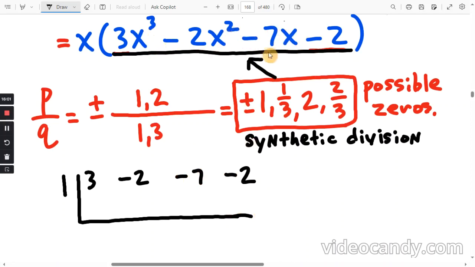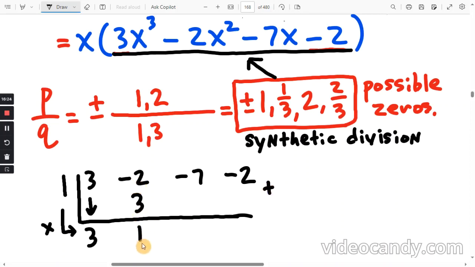If it skips 1, then you have to have a 0 in here. And recall you bring down the first term. That's a 3. And then you are just multiplying. 1 times 3 is 3, and then you're just adding vertically.